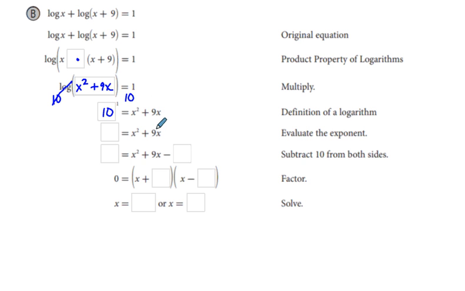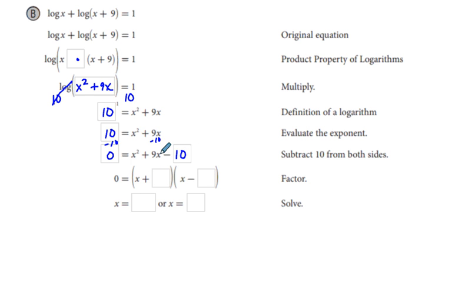So what we have here is 10 equals x squared plus 9x. Okay, and then I'm just going to write this down here. If we subtract 10 from both sides of this equation, we have 0 on the left side equals x squared plus 9x minus 10.